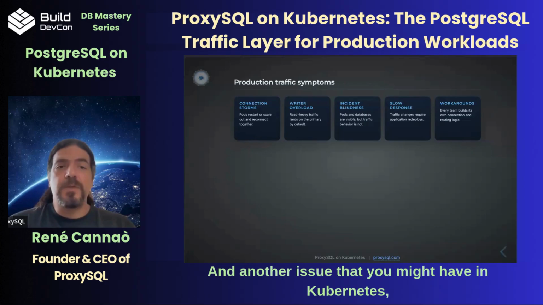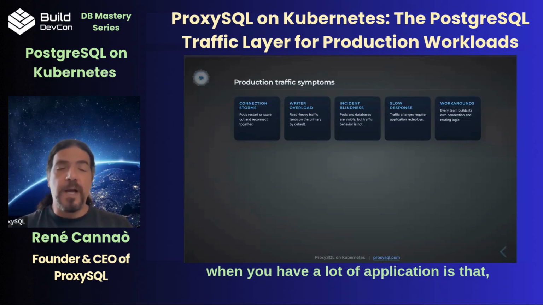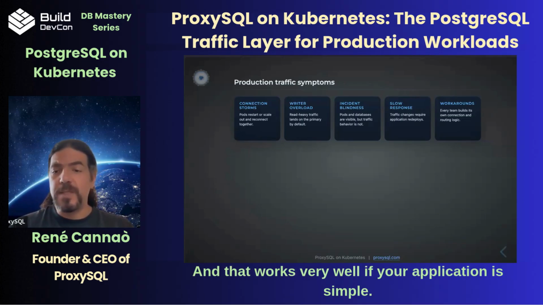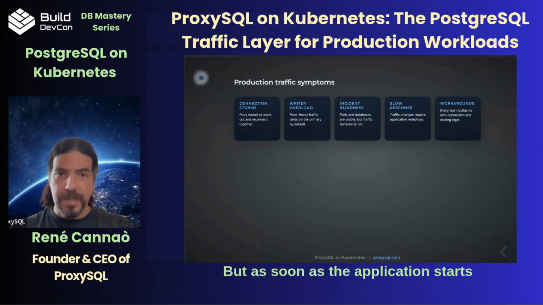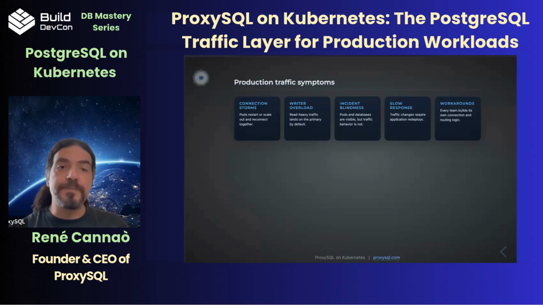Another issue, in Kubernetes but also outside of it, when you have a lot of applications, is that every team has built its own connection and routing logic. That works very well if your application is simple, but as soon as the application starts growing, this becomes very difficult to scale.